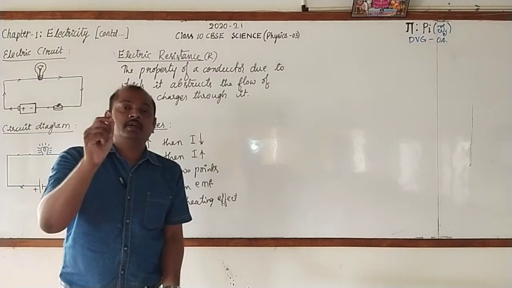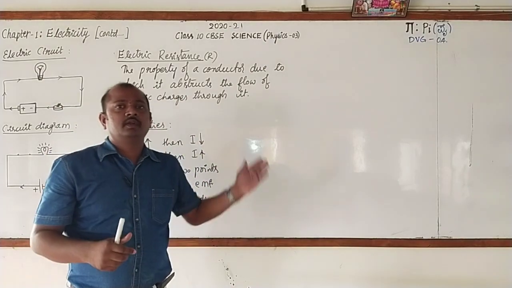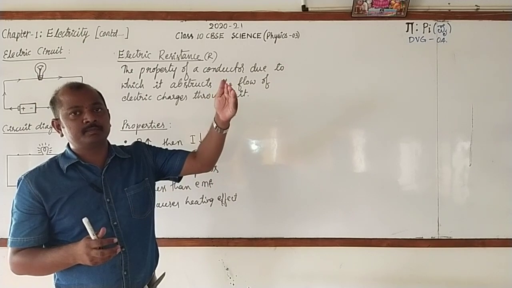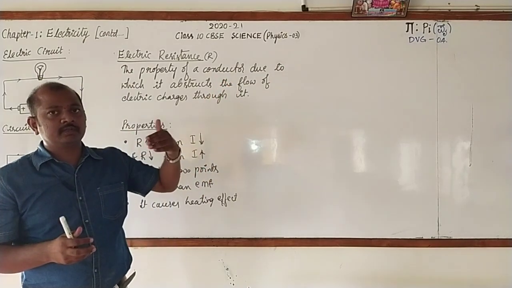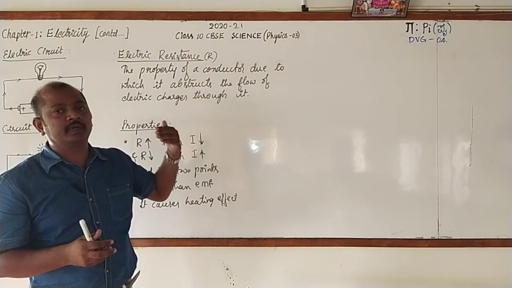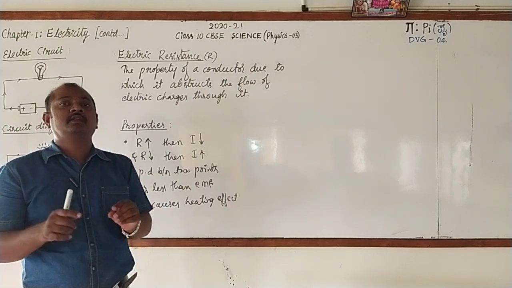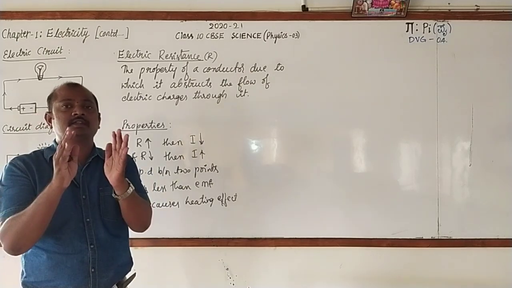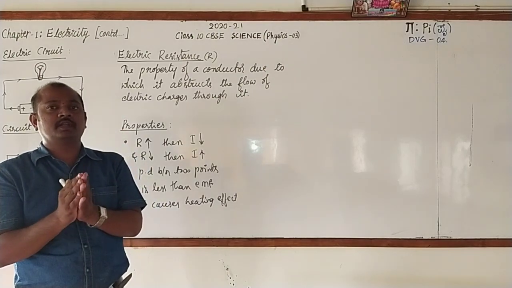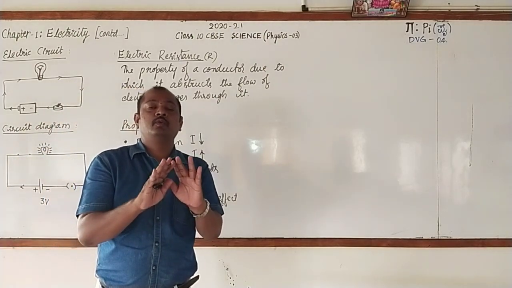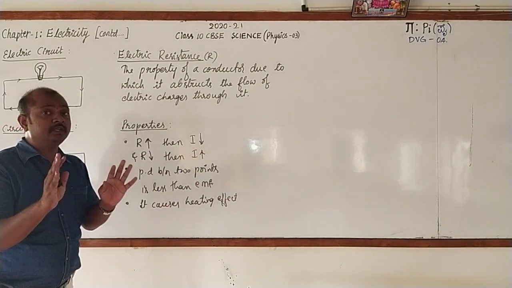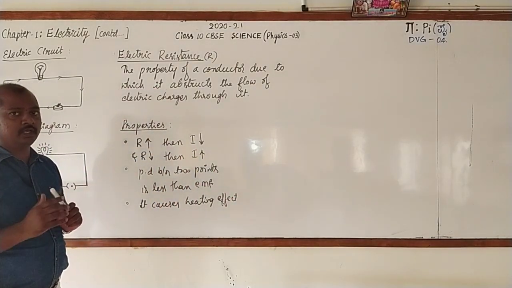How? Whatever the metals will be there, when the temperature is decreased to a certain particular temperature, then they offer zero electric resistance. And in case of a superconductor, there will be no obstruction, one thing. Second thing is no heat is produced. Got it?